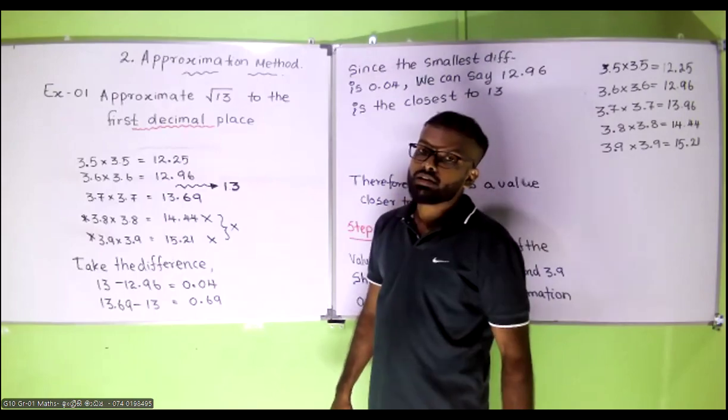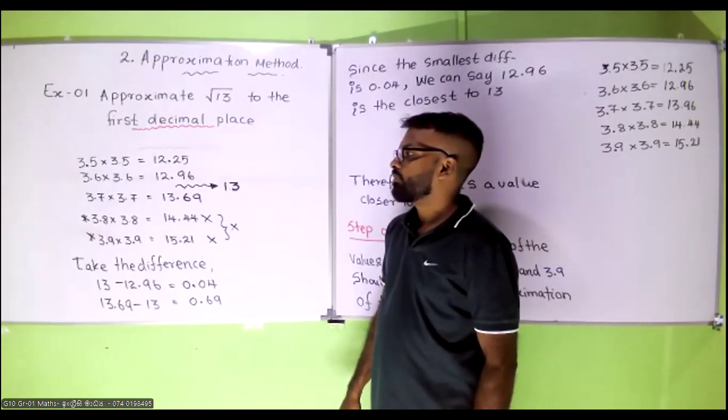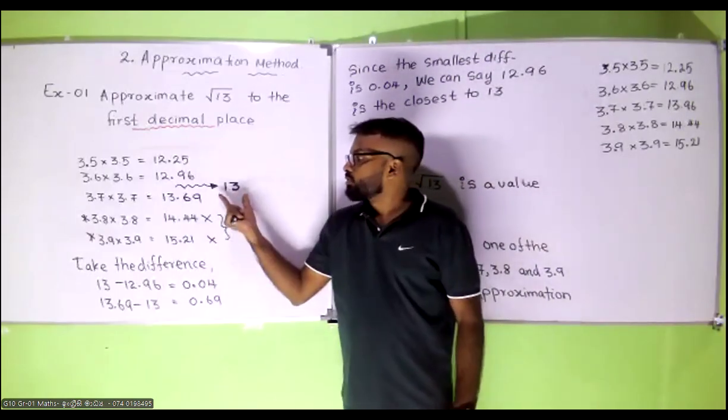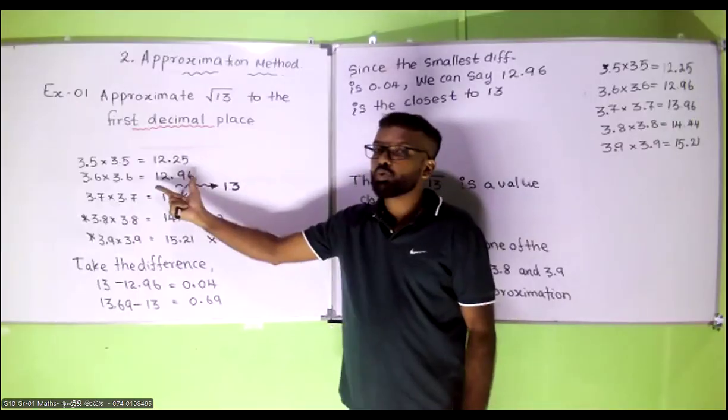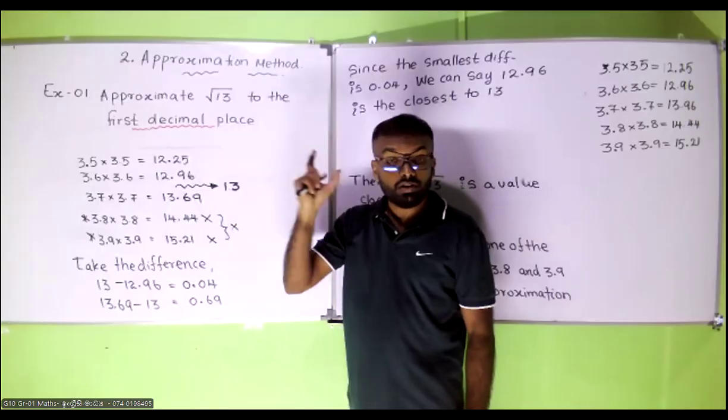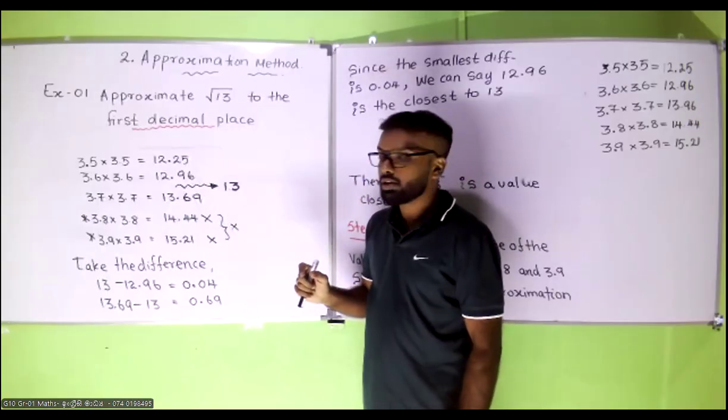By looking at that, you can say, so for the 13, the closest number is 12.96, right?